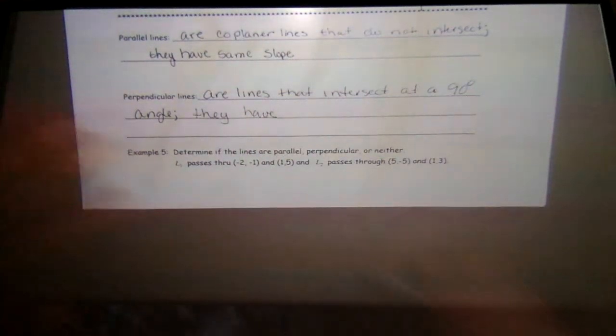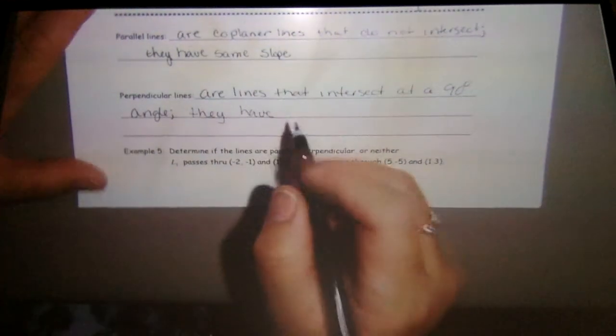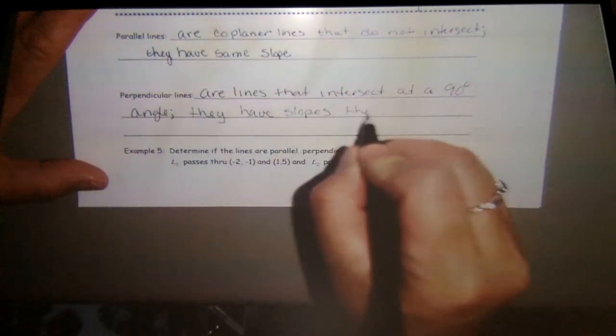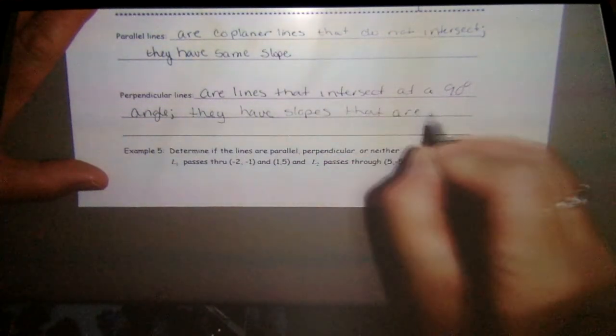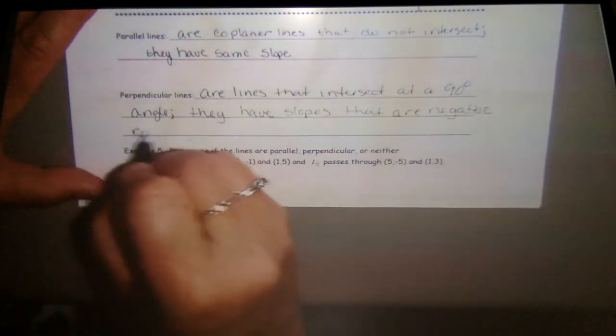When you flip, they're reciprocals. So they have slopes that are negative reciprocals of each other.